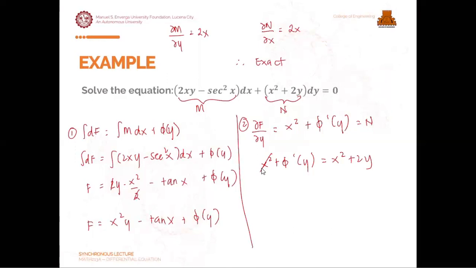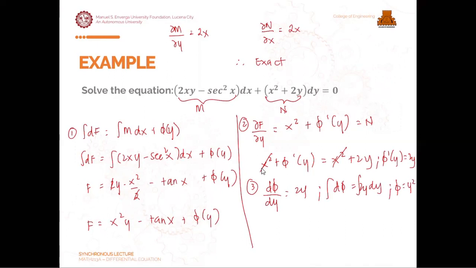The x squared cancels out. Therefore, our phi prime y will be 2y. Then, third step: d phi over dy is equal to 2y. Therefore, d phi is equal to 2y dy. Integrate, so we have phi equals y squared.